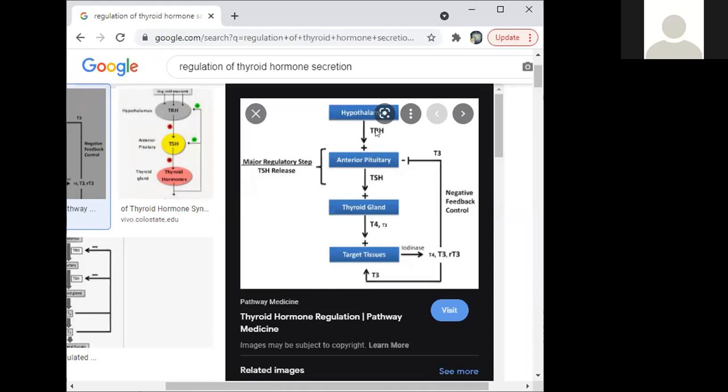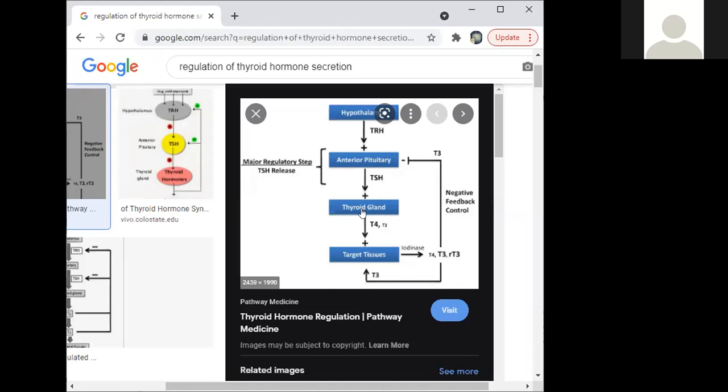You are making enough TRH and TSH stimulating the thyroid gland, but the thyroid gland is not functioning well and is unable to make your T4 and T3. This is clearly a pathology of the thyroid gland, so we call this a primary thyroid disease.